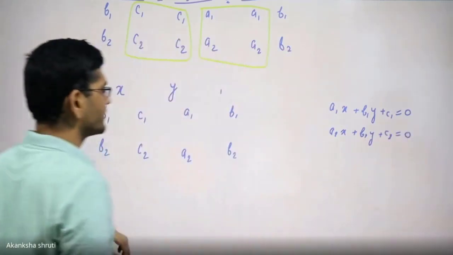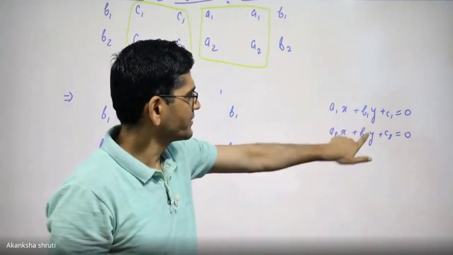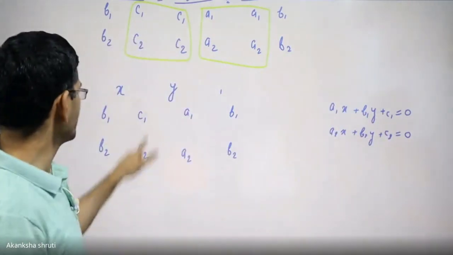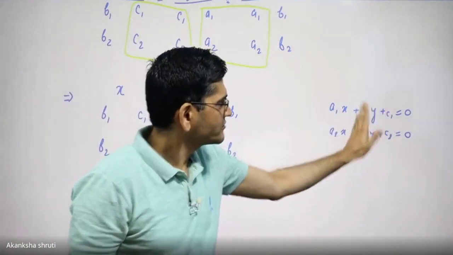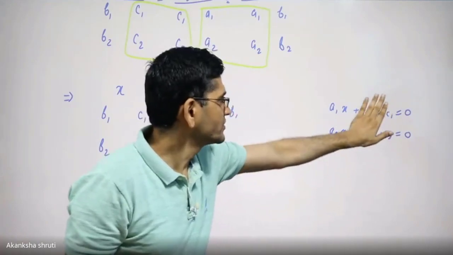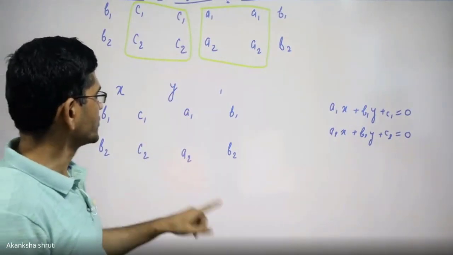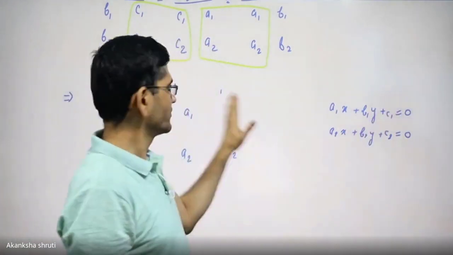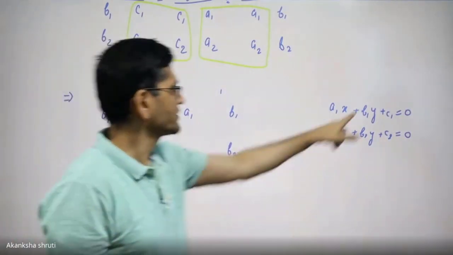Students, please compare this. X is written here, b1, b2, c1, c2, b1, b2, c1, c2. Y is written here. Start with the right one, means in circular fashion. C1, C2, then come back. C1, C2, A1, A2. Then 1, for this 1, this becomes common, means A1, A2, then B1, B2.